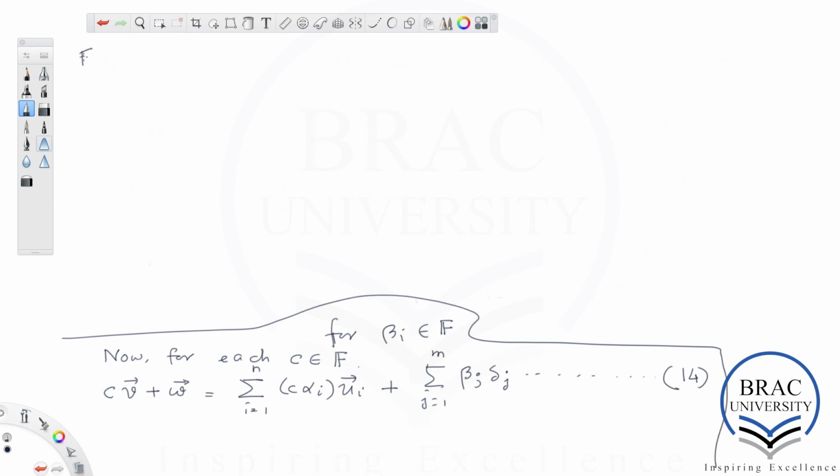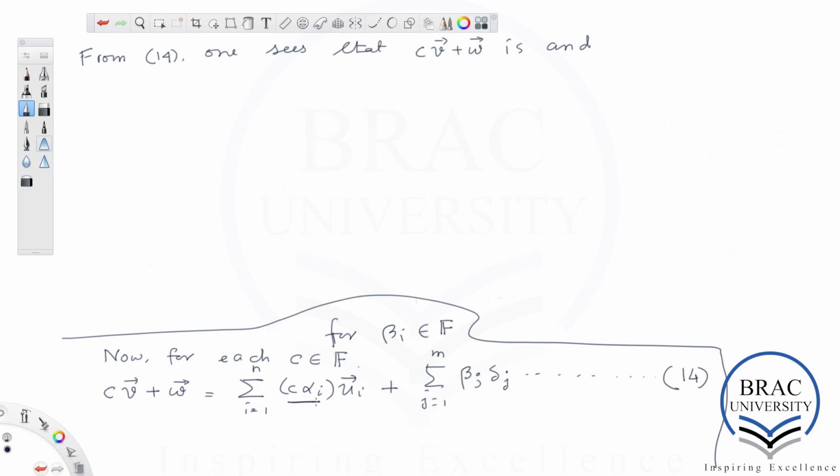So from 14, one immediately sees that cv plus w is an F linear combination.